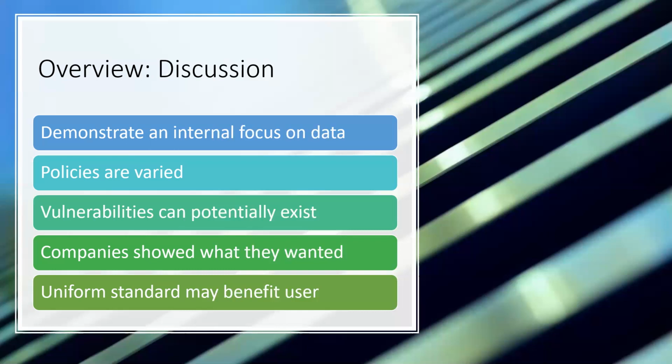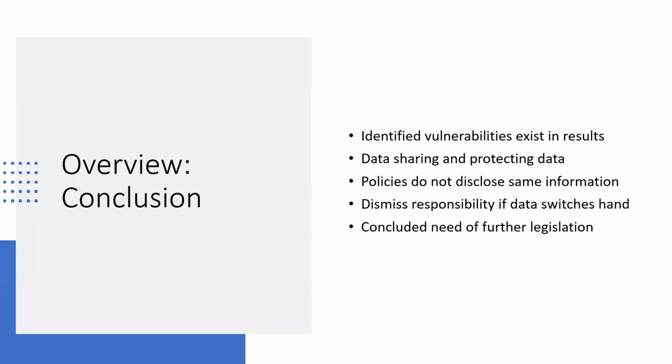Companies basically showed what they wanted. They wanted to gain trust from the user by offering transparency. But I do think that a uniform standard would be more beneficial to the user in the long run, and probably better for companies in terms of trust, if there was a legislative guideline that would say what needed to be said in a data or privacy policy.